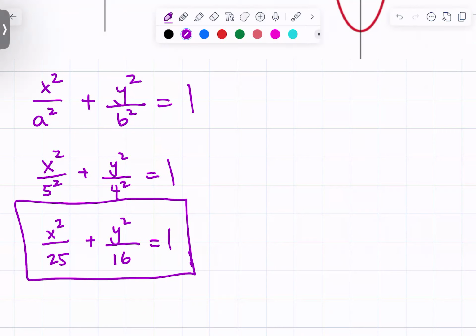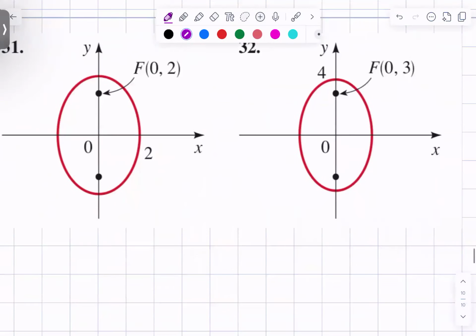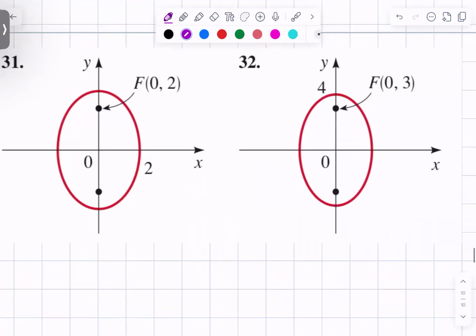Okay. Make sense? I might ask for extra information, like what's your foci, but you can figure it out from here. Here, class, we have our foci point, and here we have our b value at 2.